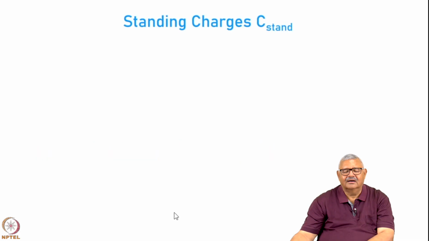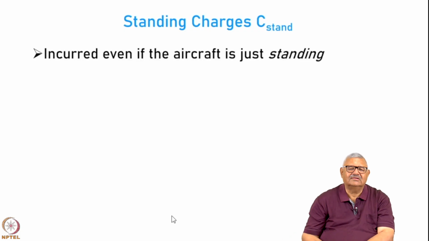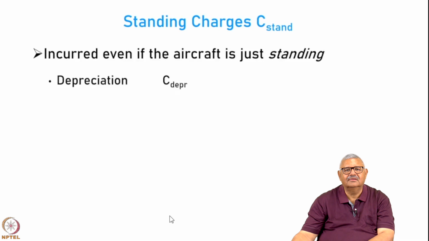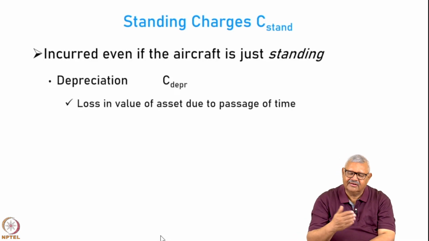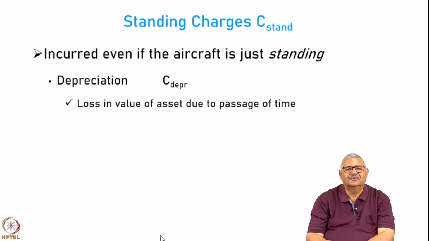Now, the first and foremost element to be calculated is the standing charges. You know that these are charges which are incurred even if the aircraft is just standing and not flying. They consist of three major terms: the cost of depreciation, the cost that is a loss in the value of the asset, which is the aircraft and its various important support spares, due to the passage of time.